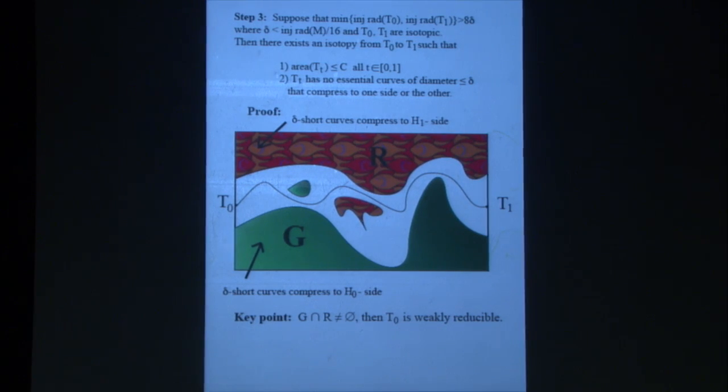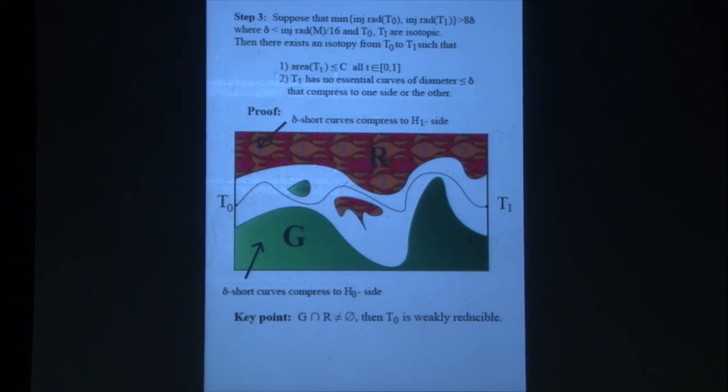This red region is the set of points where you have an embedded surface in the 3-manifold, and it's a red point if you can find a curve on that surface of small diameter, where small is some fixed number delta relative to the injectivity radius of the 3-manifold, which compresses to the H1 side. And the green are the surfaces that have curves that go to the H0 side.